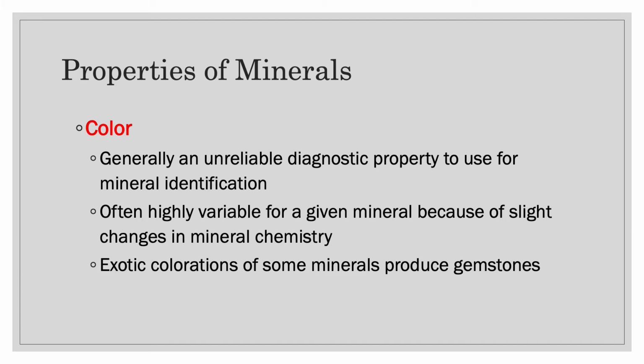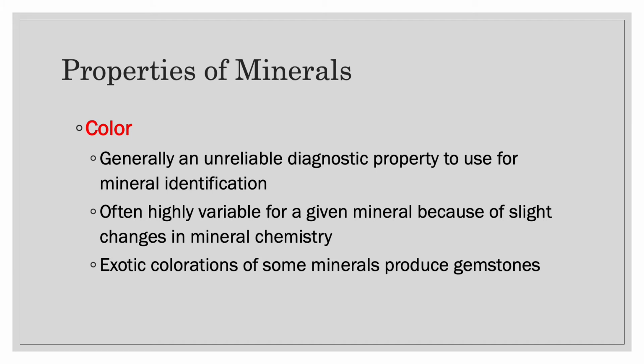There are a few exceptions, and I'm sure that Jeff will teach you what those exceptions are, but I want you all to be very careful about how enticing it is to just use color to identify minerals, and note that you must use the other physical properties of minerals as well.